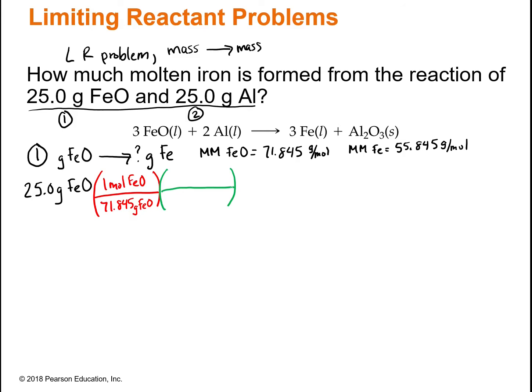Next is our mole ratio. This is going to be directly from the problem. And I'm just going to write the correct one directly. We're dealing with iron 2 oxide and iron, so I underlined those. We want the iron to come out on top, and we cancel out the iron 2 oxide.